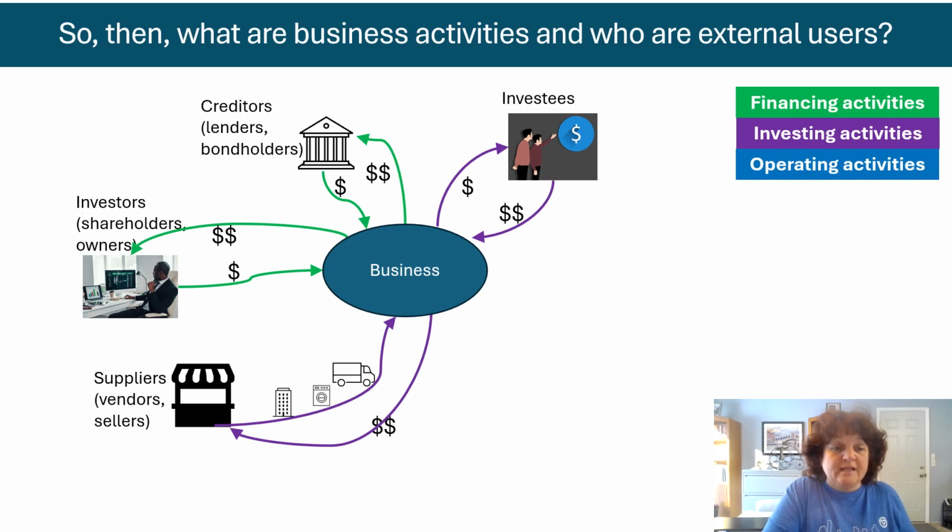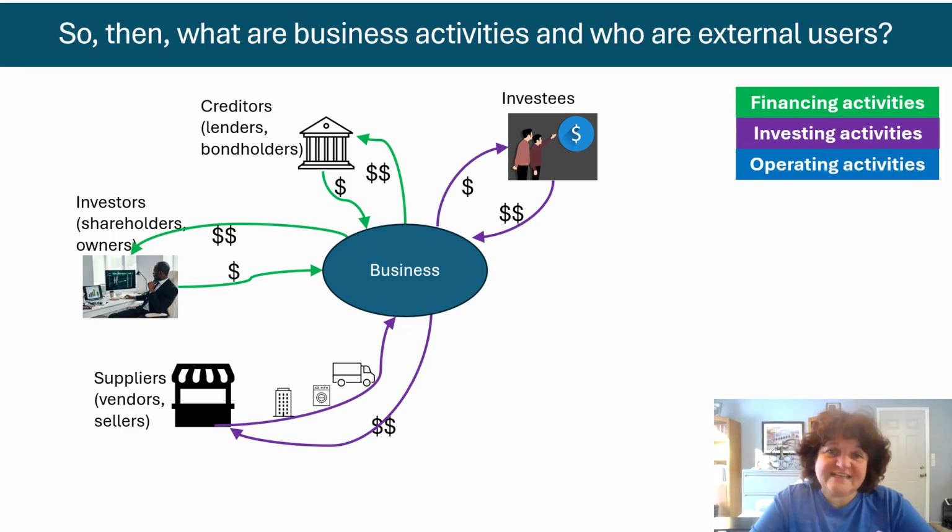And in some cases, they will loan money to another business in order to generate interest earnings. And so investees do not always result in the company buying stock from another organization. In some cases, it's loaning them money and then getting repaid that principal balance plus interest.